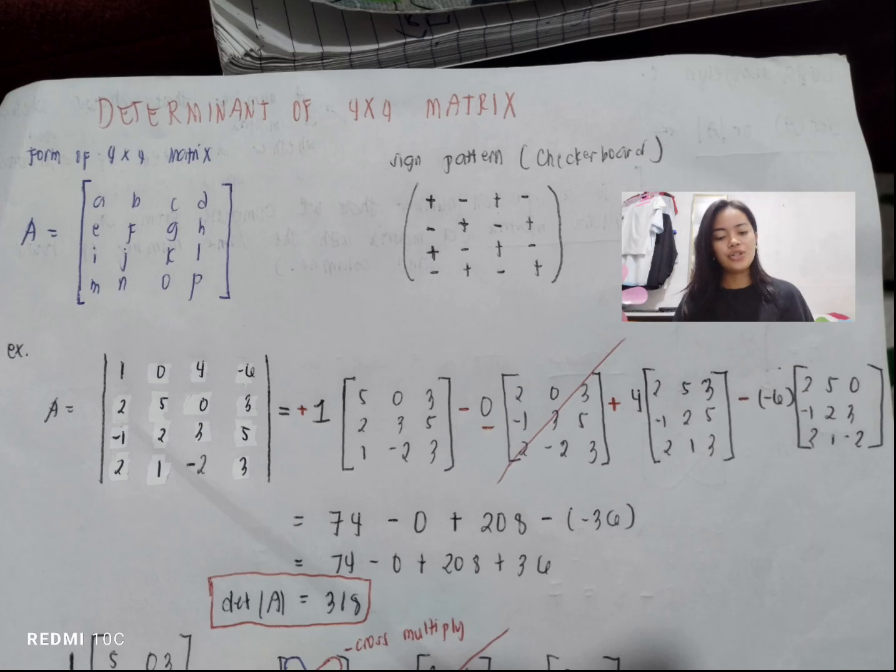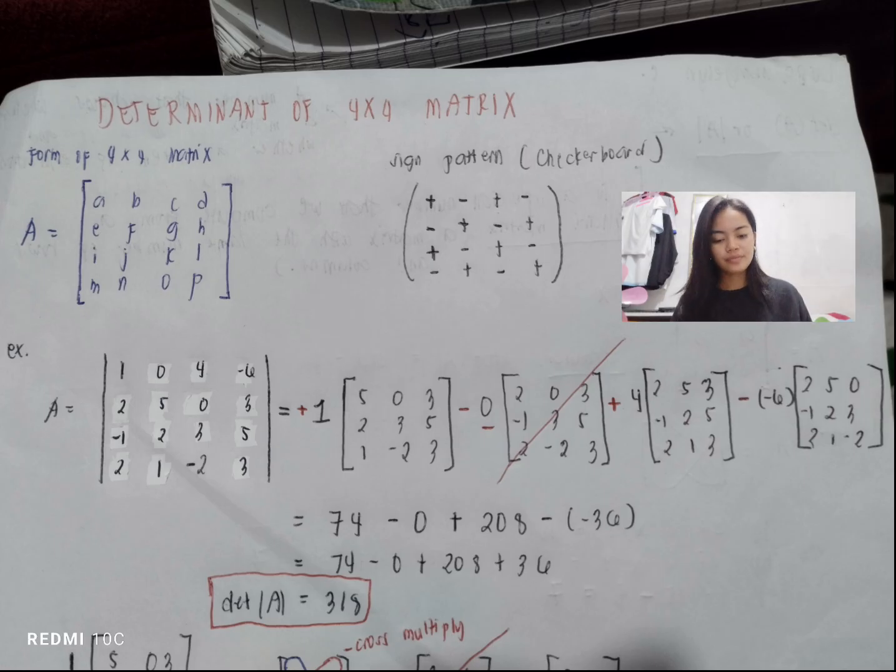We just need to eliminate row 1 and column 1 and proceed with the same process as what we did a while ago. So, let's try to solve this one. We have here the 1, and by eliminating row 1 and column 1, the numbers left are 5, 0, 3; 2, 3, 5; and 1, negative 2, 3.